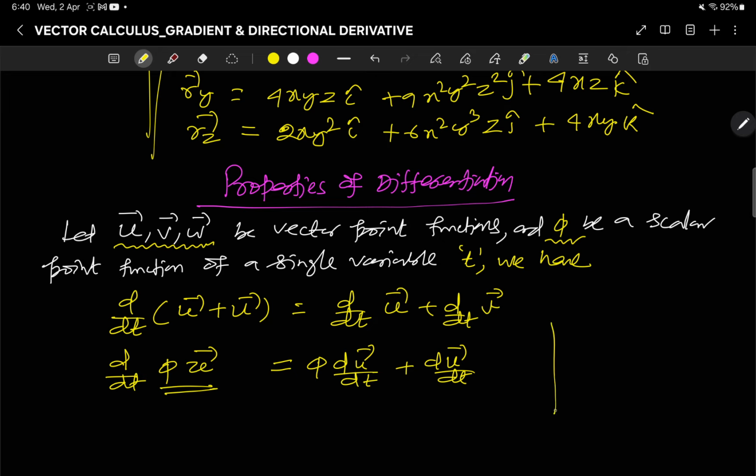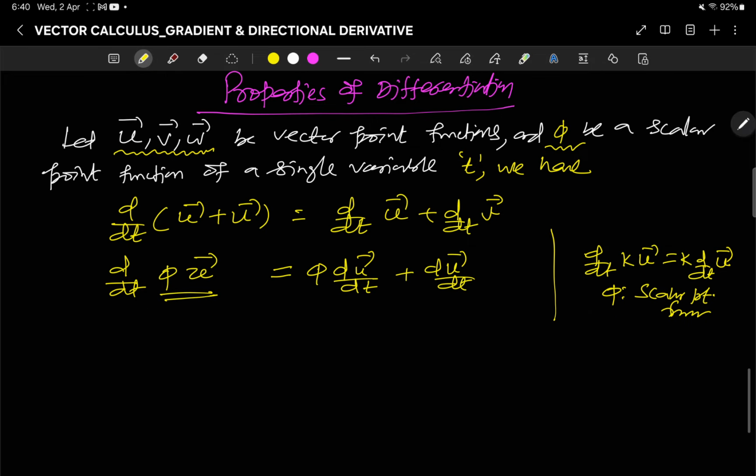If I am taking d by dt of ku, then k will be taken out, d by dt of u, but phi is a scalar point function here. This is the change here.